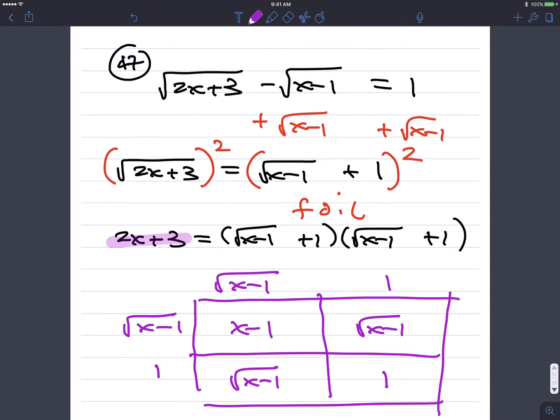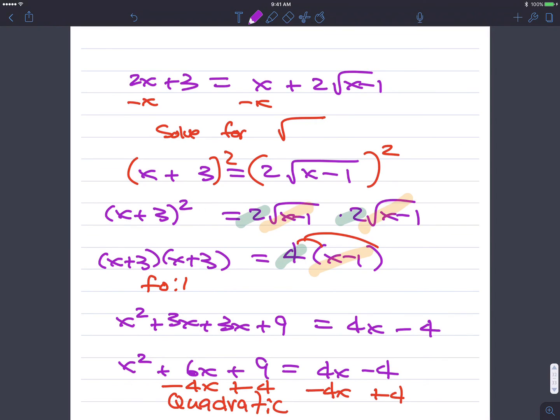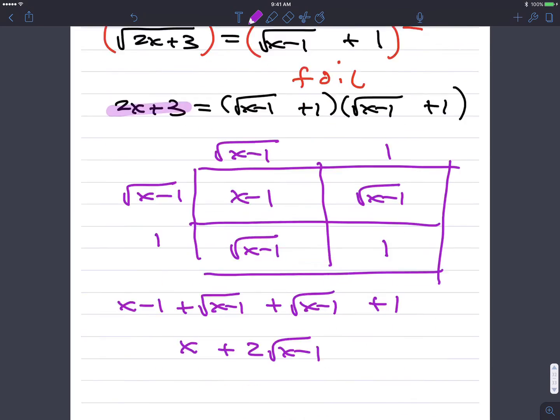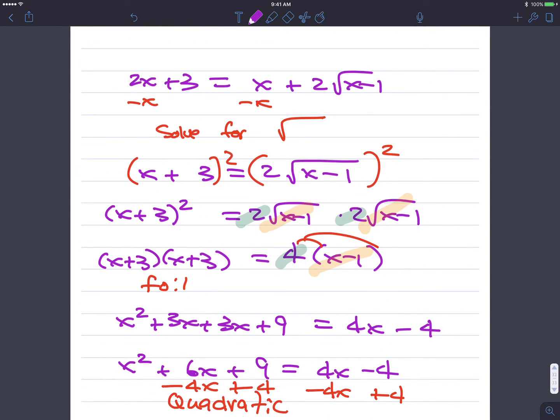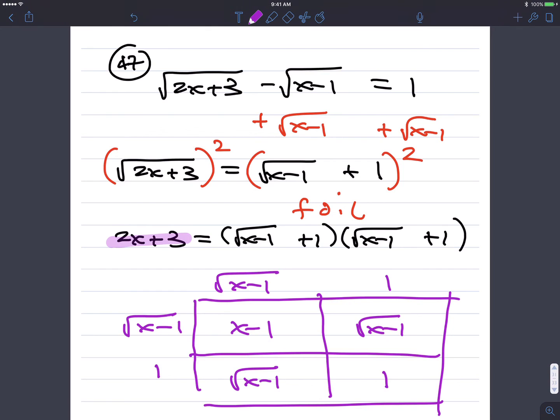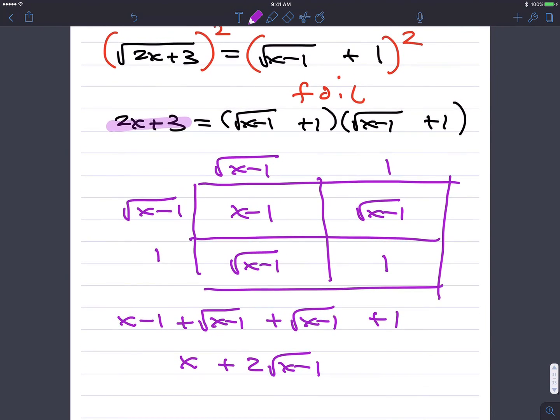Looks like we're okay. I see a problem. This is supposed to be x minus 1. Let's double check. Well, no, we're okay. We did it correct.